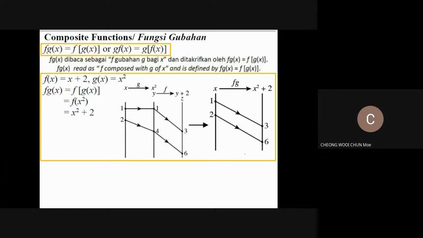Okay, that's how you understand it. From this situation, g(x) is x squared, so x squared is put inside the f. After you solve the inside, you get x squared plus 2. This is how you compose.